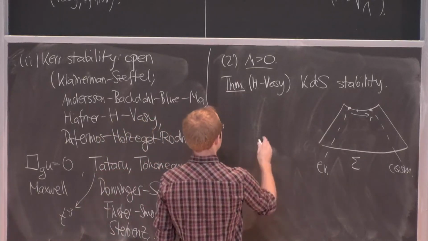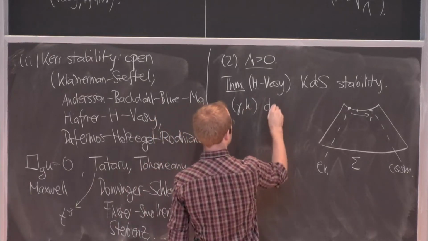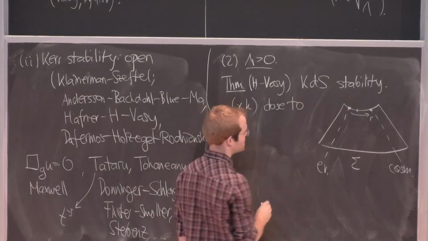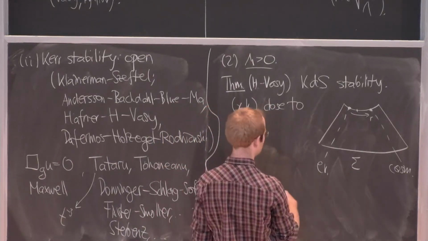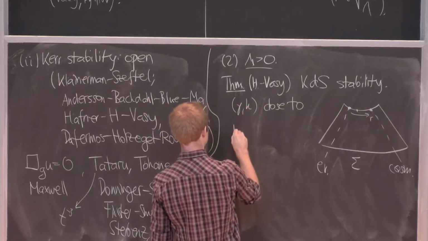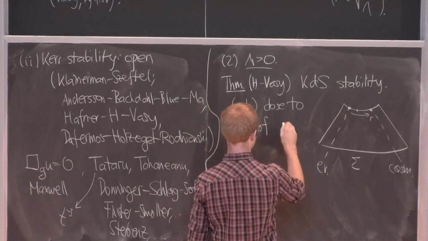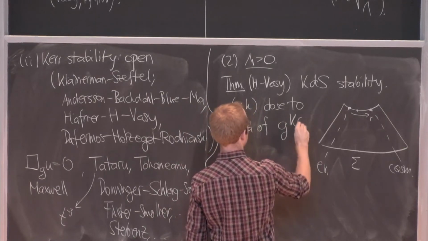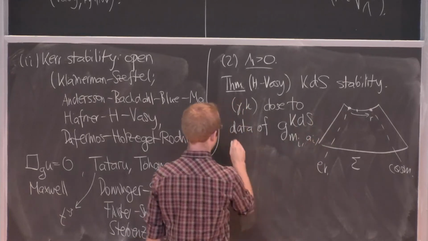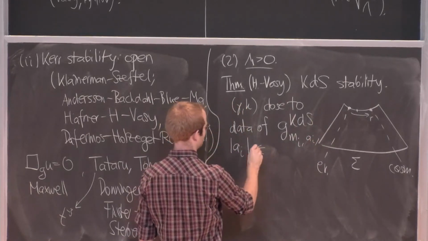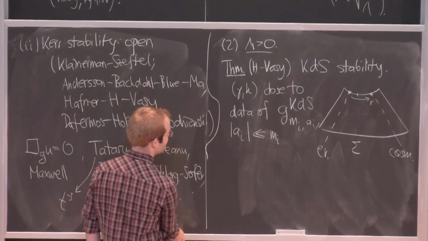OK, so what's the theorem in this case? You're now given, again, initial data gamma and k, which are close, in some high regularity norm, like the Sobolev space of 21 derivatives or something, to the initial data of a Kerr de Sitter black hole. So let's call it g_KdS with mass m initial and a initial. And we only study the case when the angular momentum is extremely small, so slowly rotating black holes.